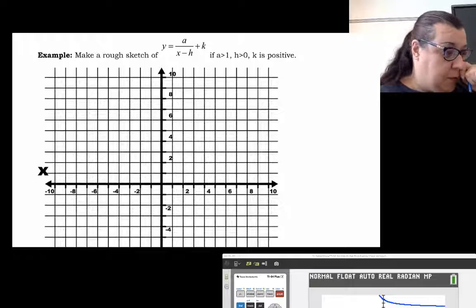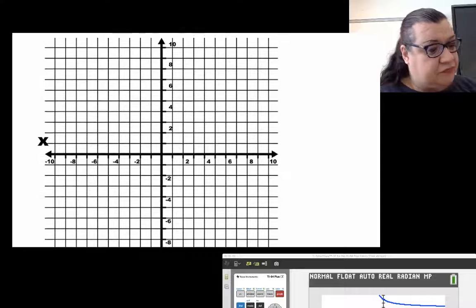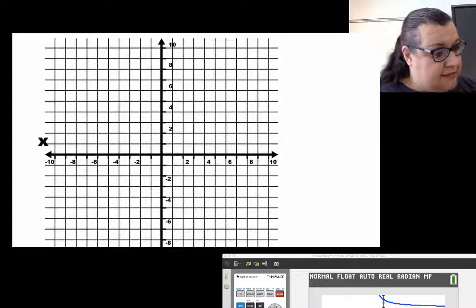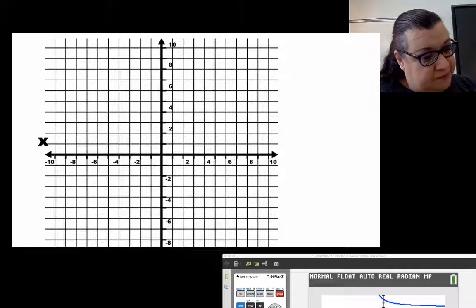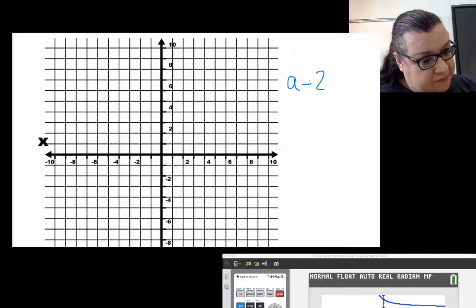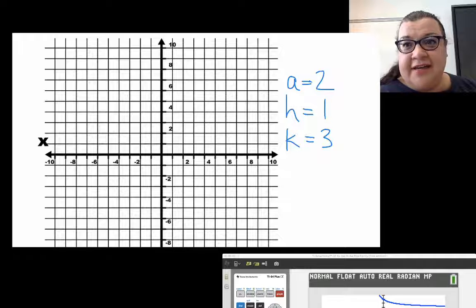Okay, so let's say we're going to do this for, let's just make up, let's do an a of 2, an h of 1, and a k of 3, just to make sure we've got all the different numbers being different.